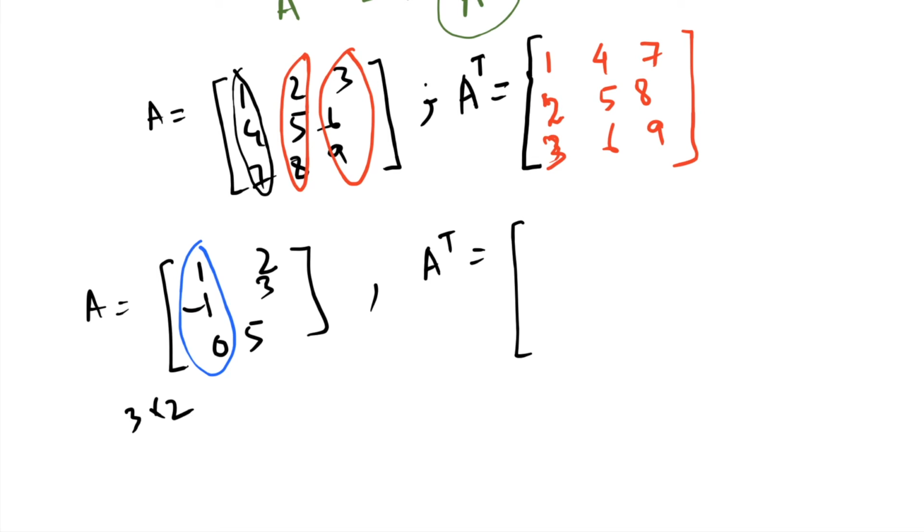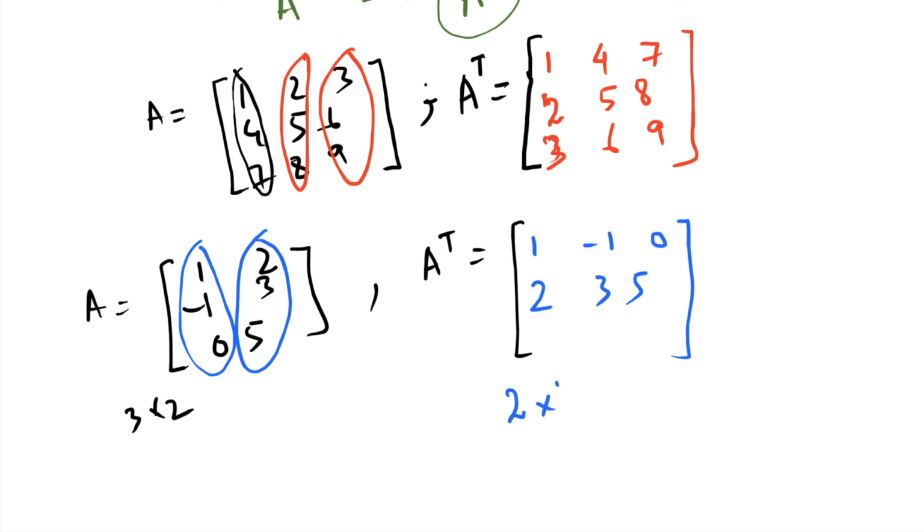So this becomes the first row of A transpose, 1, minus 1, 0. What's the second column of A? That is 2, 3, 5. So this becomes the second row of A transpose, 2, 3, 5 over here. And A transpose is a 2 by 3 matrix, because this has got 2 rows and 3 columns.